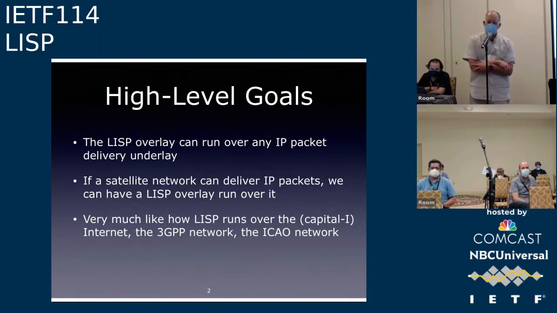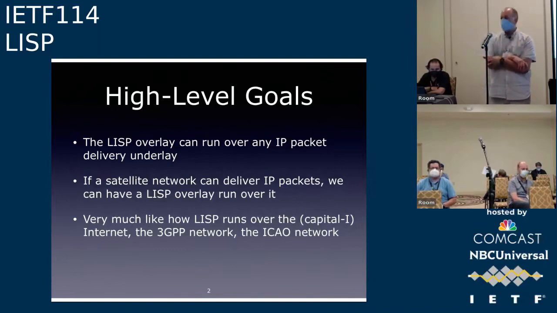This would be just another example of how we can run Lisp over the capital I internet, where the RLOCs are on the ground, or a 3GPP network, where we run Lisp on the eNode Bs, or in the ICAO network, the aeronautical network, where we run Lisp on the ground stations. We would just run Lisp on the ground stations here that have satellite links up.